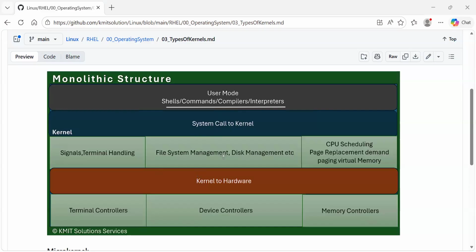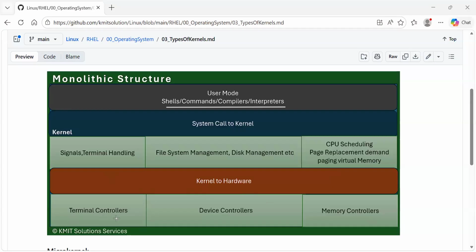structure. So it means everything is monolithic: your signal, terminal handling, file system management, disk management, CPU scheduling, page replacement, demand paging, virtual memory, and the kernel is connecting to the hardware devices also for these system calls.